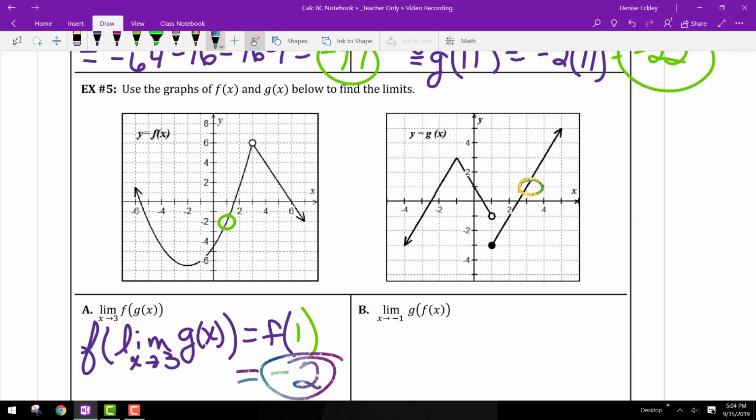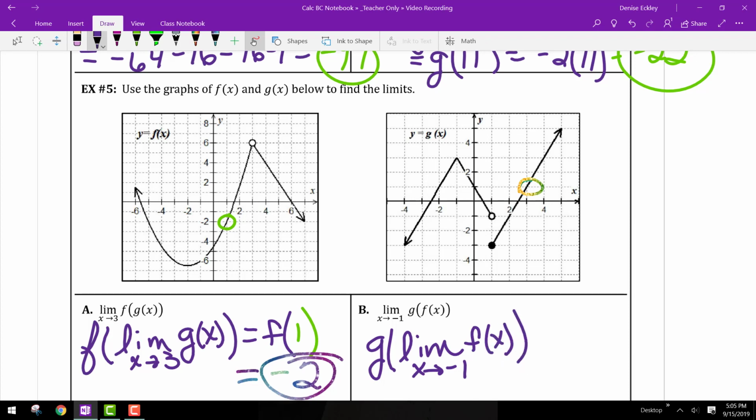Okay, letter B. We want to rewrite this. We're now looking for the limit of g of f of x as x approaches negative 1. So we're going to find g of the limit as x approaches negative 1 of f of x.